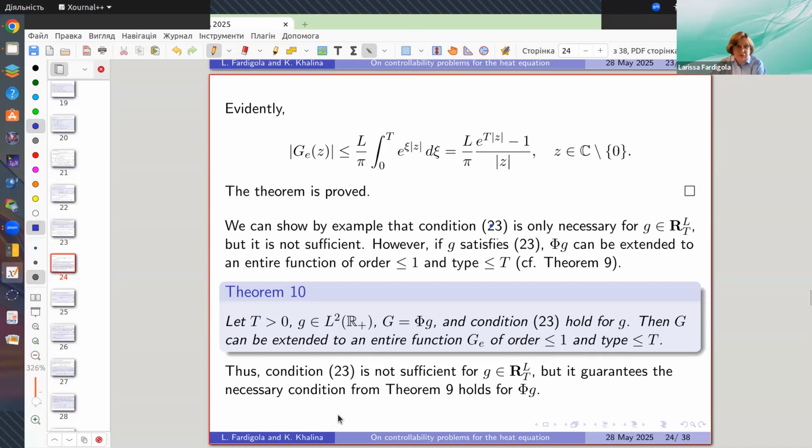And that condition 23 is not sufficient for G to belong to both R TL, but it guarantees the necessary condition from theorem 9 for phi G.